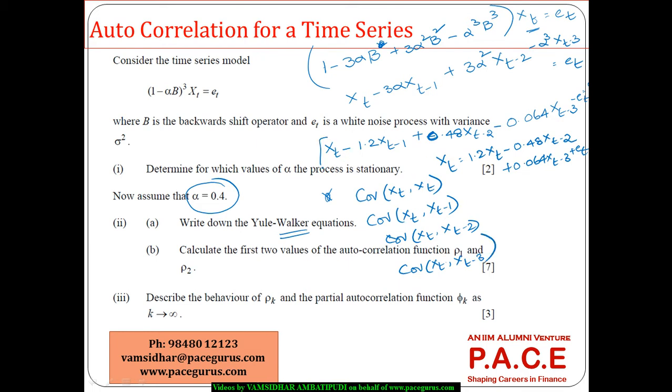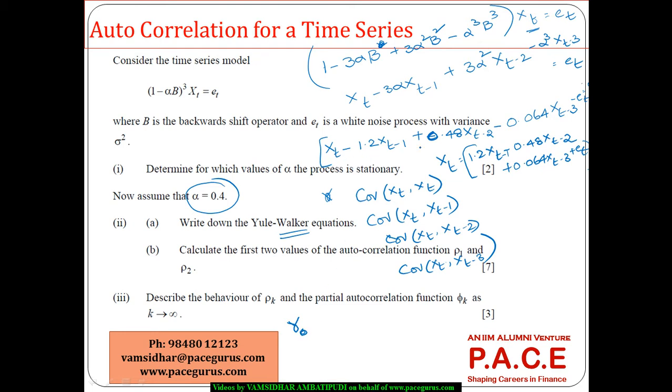When I am doing the covariance with respect to X_t for this expression, the covariance of X_t with X_t becomes gamma 0.